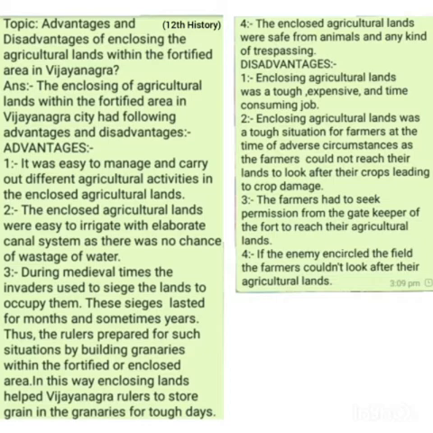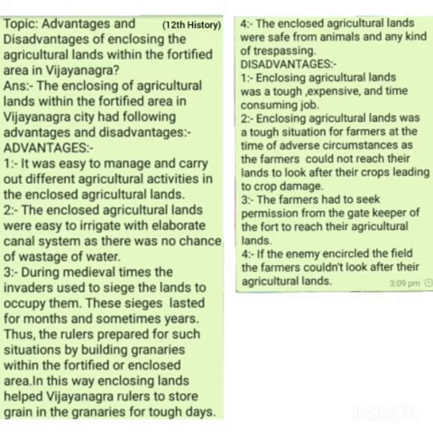So the farmers in these areas did not have to do anything for irrigating the lands, as the canals were easily available near those agricultural lands. This easy availability of canals made the irrigation facility very easy in these enclosed agricultural lands.